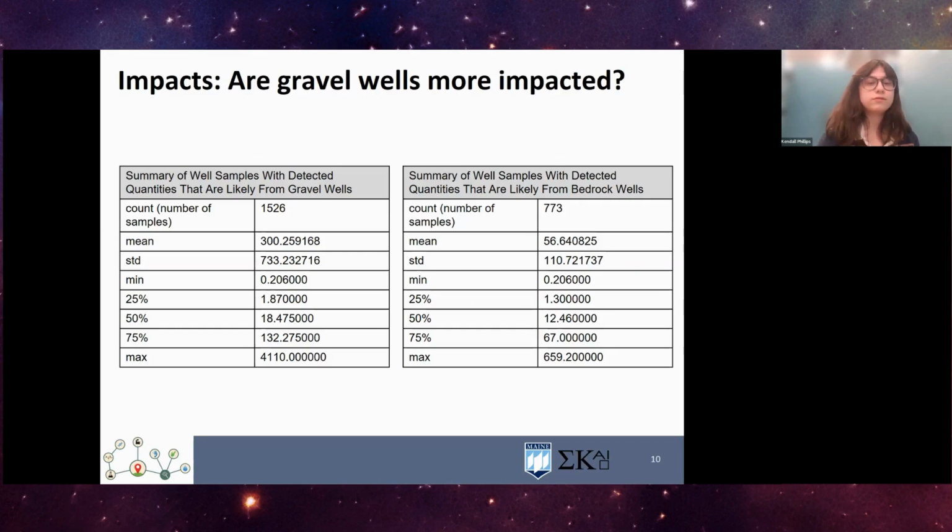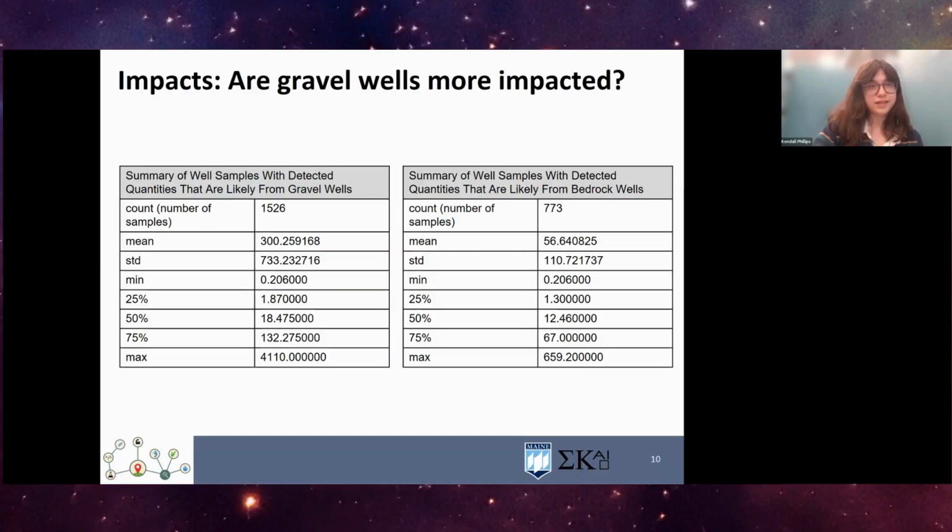There were about 1,500 gravel samples with detected values and about 800 bedrock samples with detected values. And then, as you can see, the mean and standard deviation vary greatly between bedrock and gravel. You have much different concentrations for that.